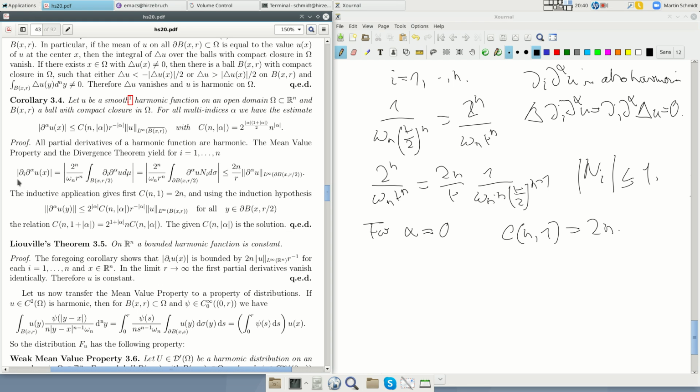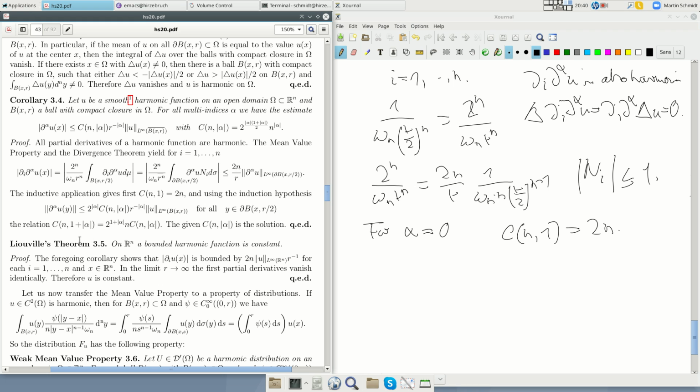Then we have this estimate, and we already know that this is smaller than this constant. So we get this constant and an additional factor 2n over r.